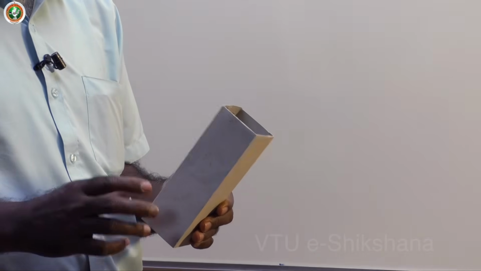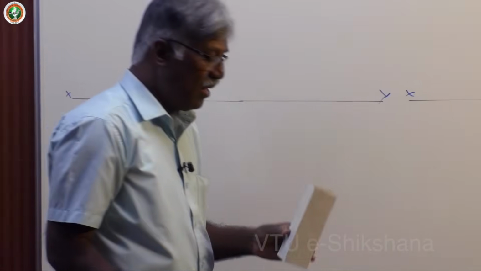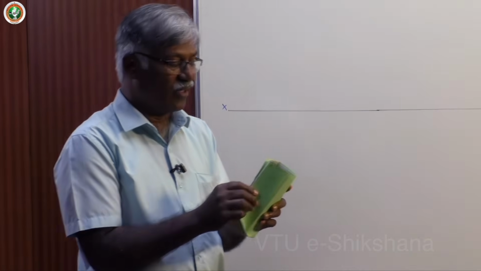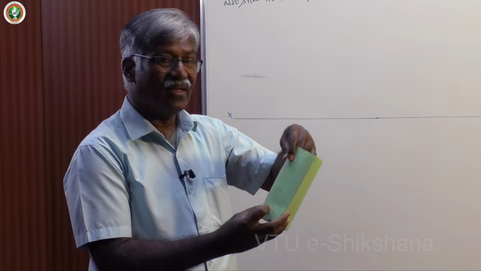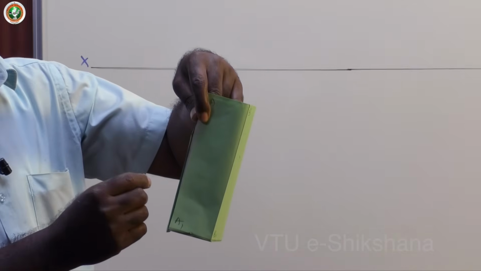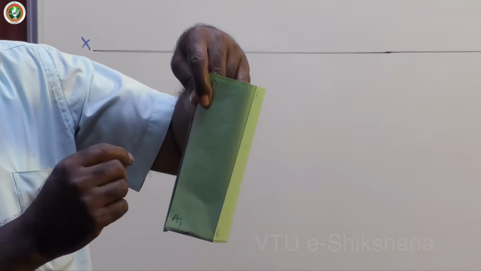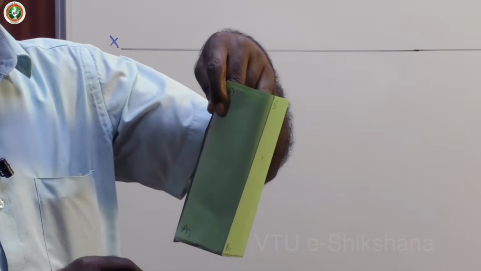Okay. Now let me take one by one simple models and then explain the corresponding developments. Here I have a square prism, and assume that there is a requirement for covering this lateral surface of the prism with a costly surface material, you can say, sheet.